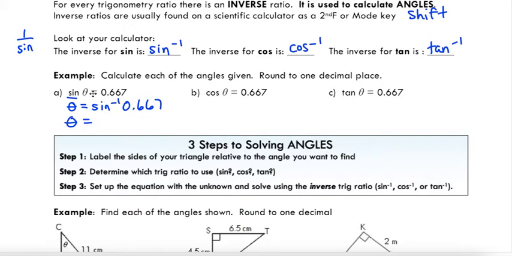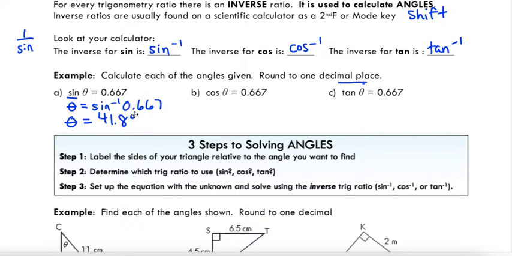This is where you take your calculator and you're going to either enter in your 0.667 first, or press your buttons to get the sine inverse and then enter in 0.667. You should get an answer, if we round to one decimal place in this question, of 41.8.